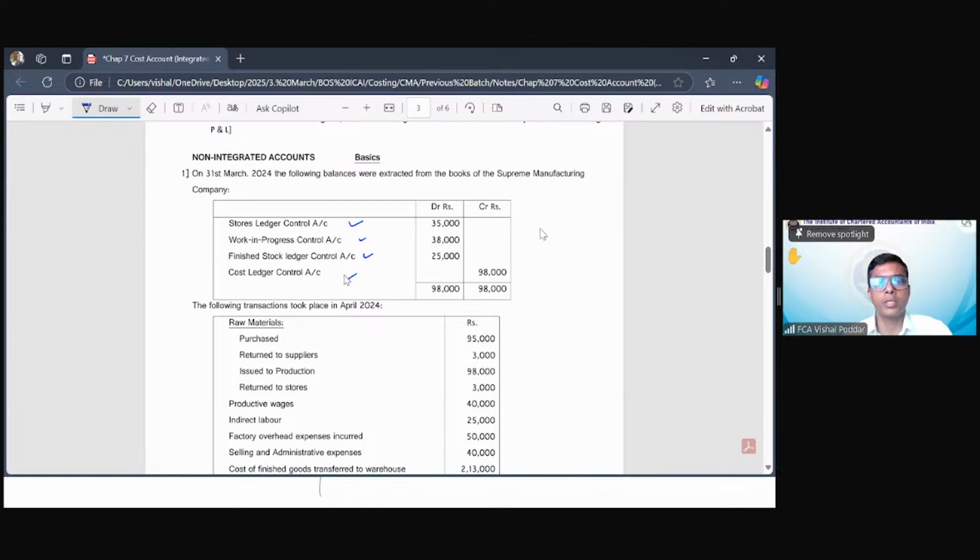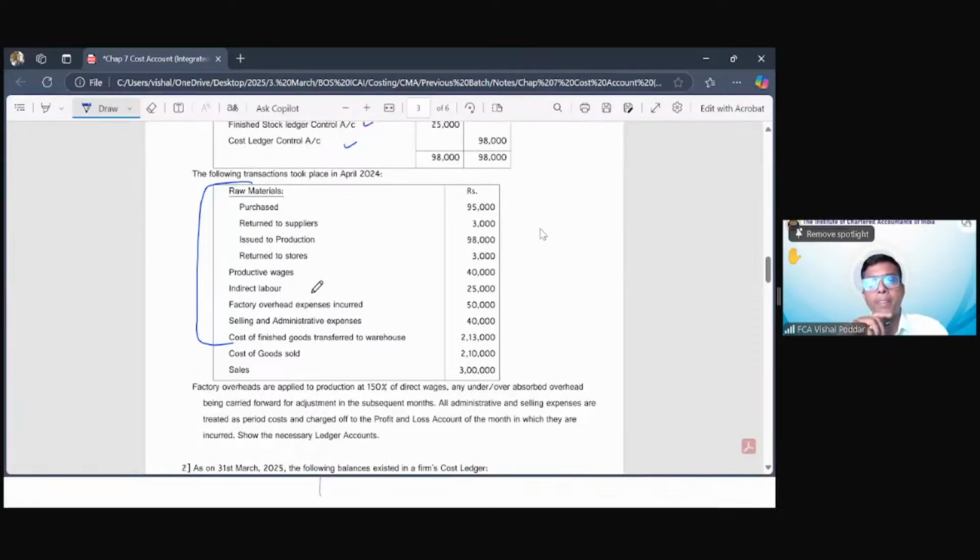Then you'll have all these transactions for which you have to do postings, along with whatever extra information is given. And then at the end, you will do balancing. Now you will see that they have only said show necessary ledger accounts. So generally in majority of sums, they will ask only one. I think this was Tanu, your question. They will not ask both because the maximum marks allocation is 6 to 8. So it will be only one.